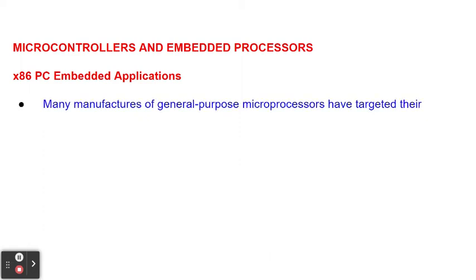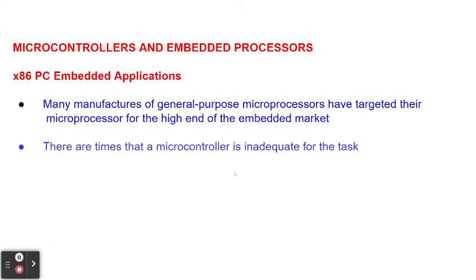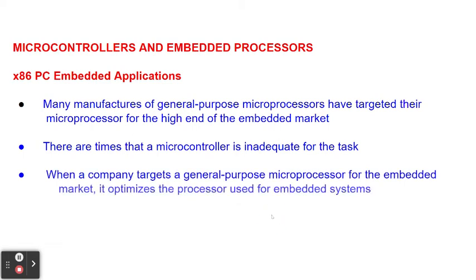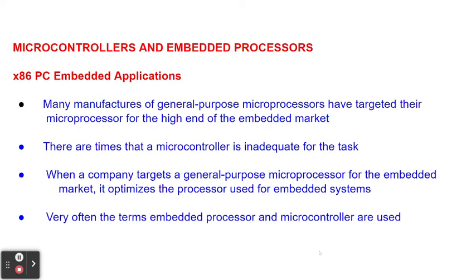Now, for x86 PC embedded applications, many manufacturers of general purpose microprocessors have targeted their microprocessor for the high end of the embedded market. And there are times that a microcontroller is not enough for the tasks. When a company targets a general purpose microprocessor for the embedded market, it optimizes the processor used for embedded systems.